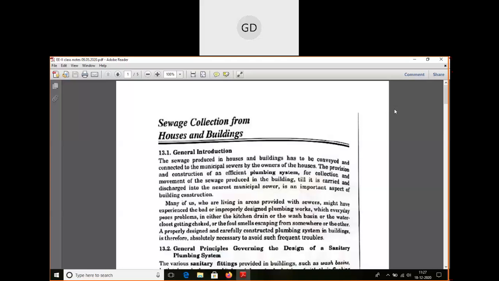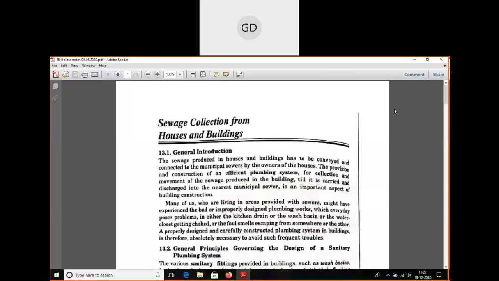Whoever is living in areas with sewers and has experienced badly or improperly designed plumbing works knows about foul gases coming out from the kitchen drains or the wash basins, and water closets getting choked every day, or foul smells escaping from somewhere or the other.